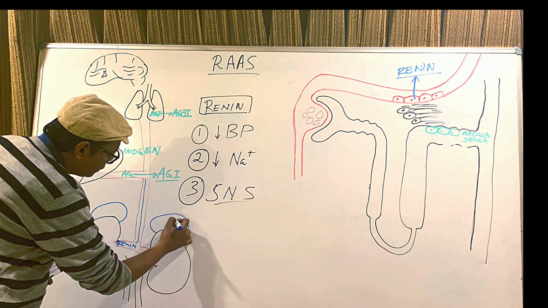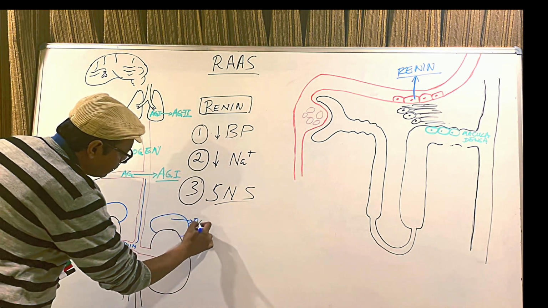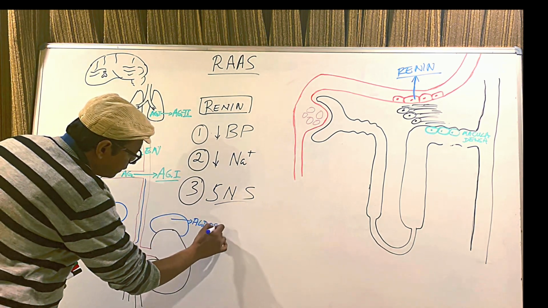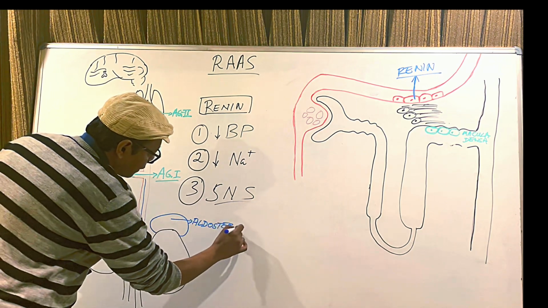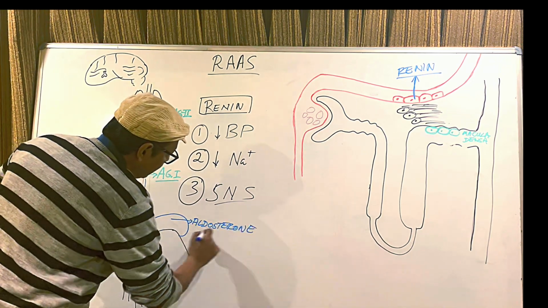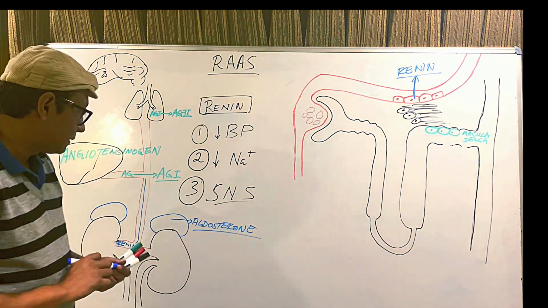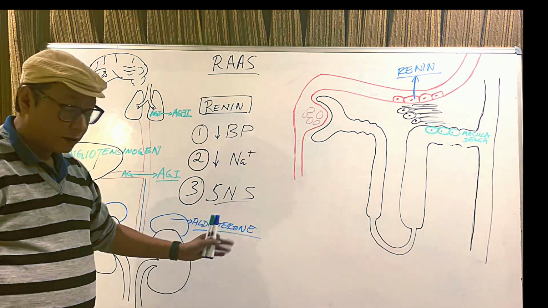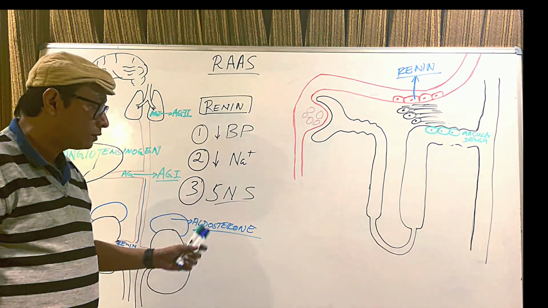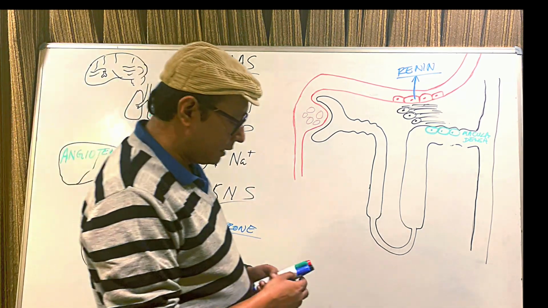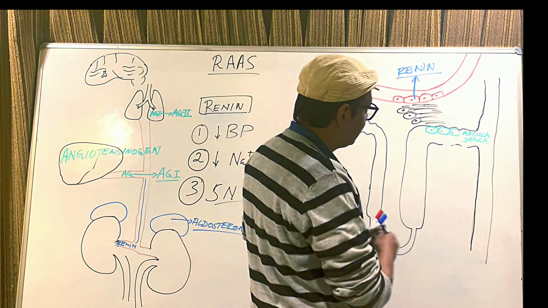So aldosterone is secreted from the adrenal glands, which are mineralocorticoids.